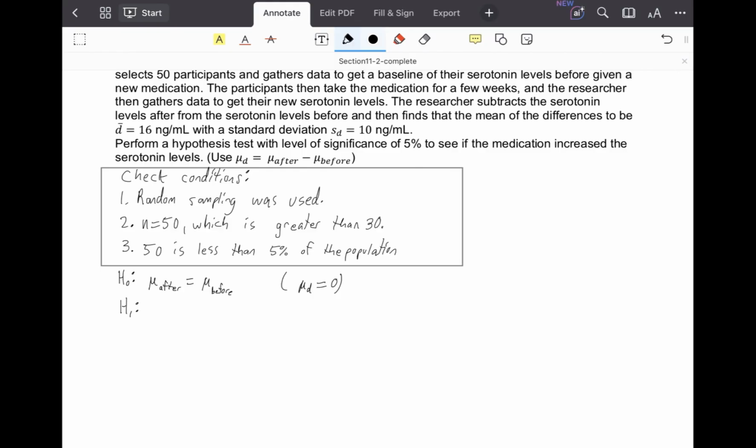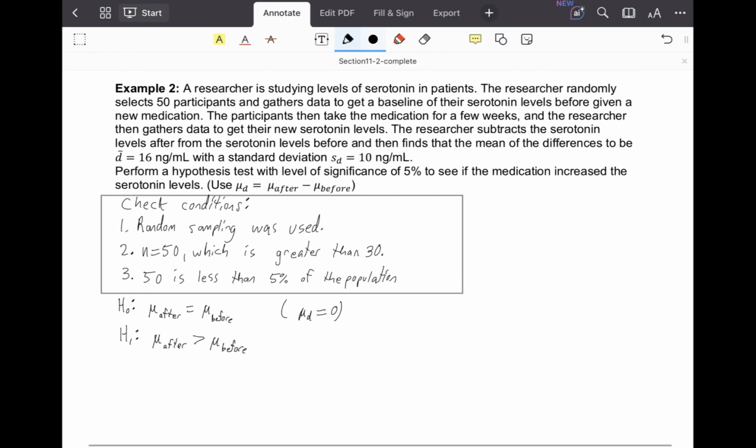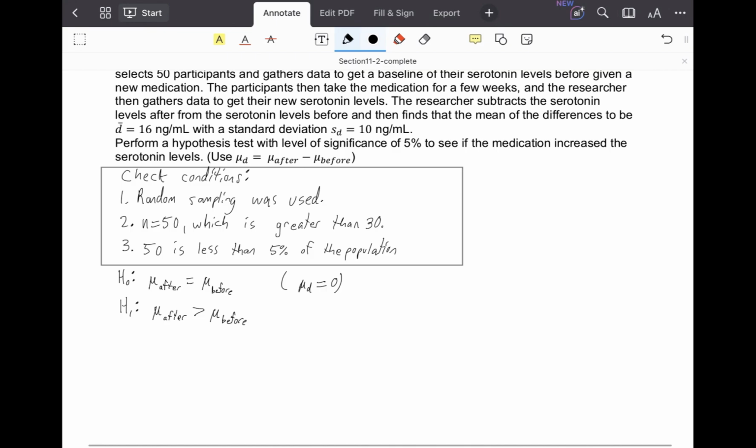And for this one, the alternate is mu after is greater than mu before. They're looking to increase the serotonin levels. This would be the same as mu d is greater than 0. So just a different way of writing that.